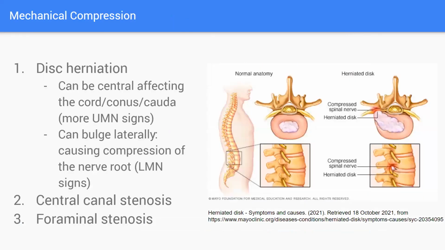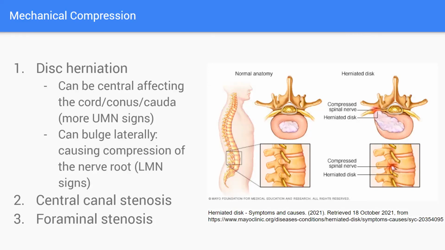So some of the possibilities for these lesions include mechanical compression. In fact, these are some of the most common reasons for which we have these syndromes. And disc herniation can do this either centrally by affecting the cord or conus and involving much more upper motor neuron signs, or it can bulge more laterally, causing compression of the nerve root, in which case you would see more lower motor neuron signs.